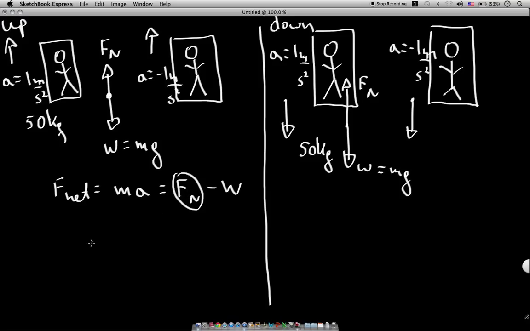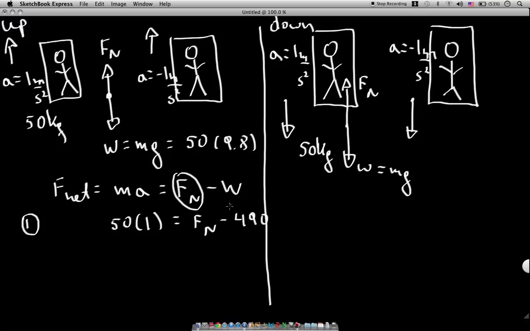So there's two cases. One case, I'm not going to do everything, but I'll just substitute it in. So mass is equal to 50, acceleration is equal to 1. And W, here I'm going to write it because it doesn't change, is actually equal to 490.